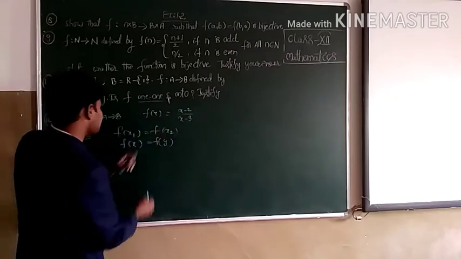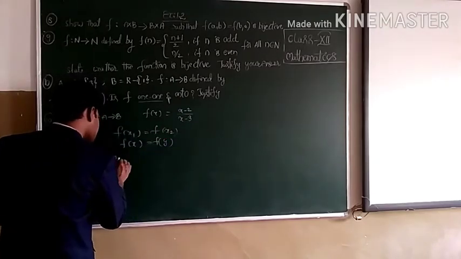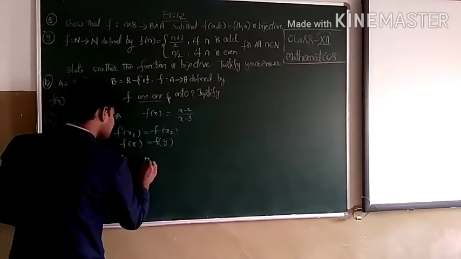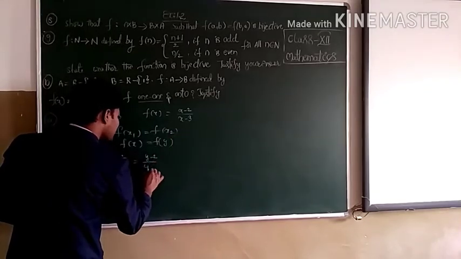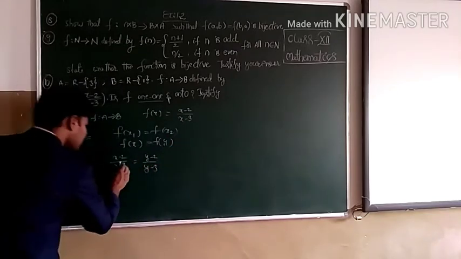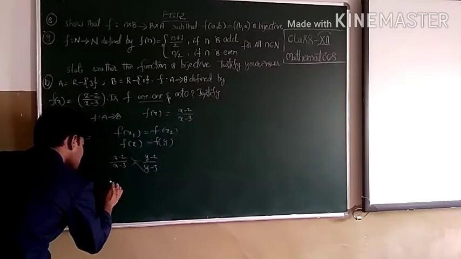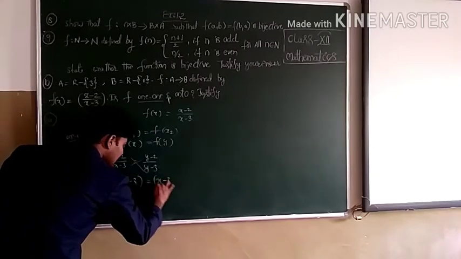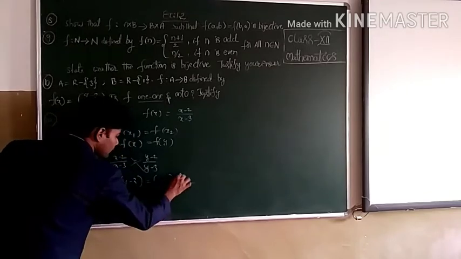Now consider x minus 2 by x minus 3 is equal to y minus 2 by y minus 3. In place of x we are substituting y. Now do the cross multiplication. x minus 2 into y minus 3 is equal to x minus 3 into y minus 2. Clear?